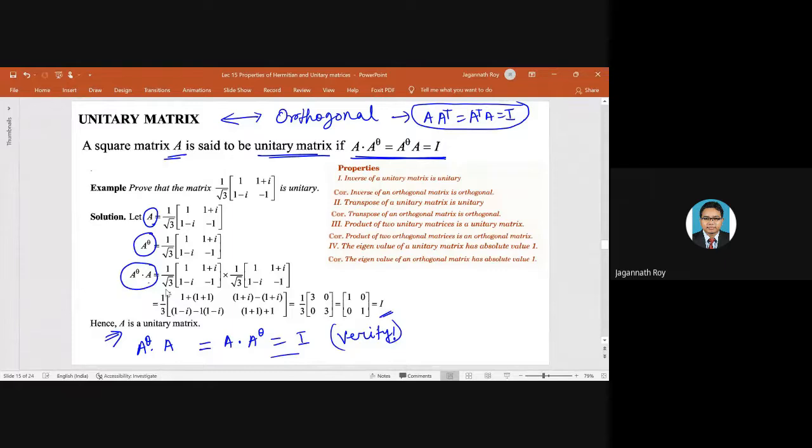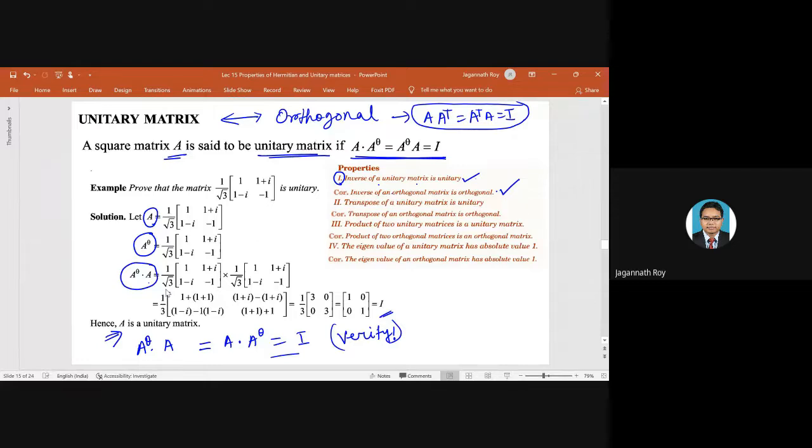Now, properties of unitary matrices: mainly we are interested in 4 properties. Property number 1: the inverse of a unitary matrix is also unitary. The parallel concept is that the inverse of an orthogonal matrix is also orthogonal.